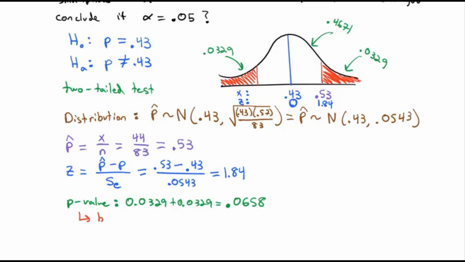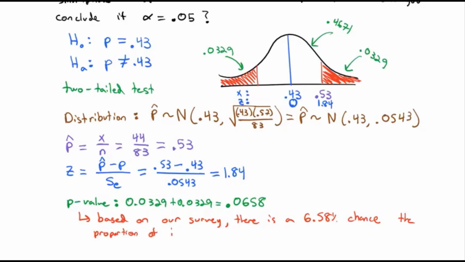In other words, based on our survey, there is a, change it to a percentage, 6.58% chance the proportion of iPhone users is actually 43%, what the null hypothesis claims.